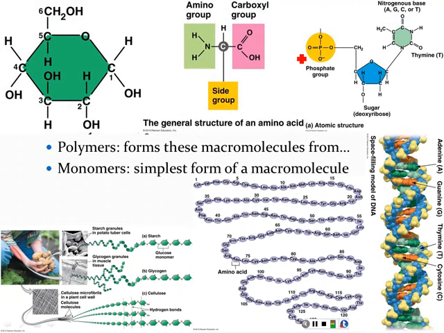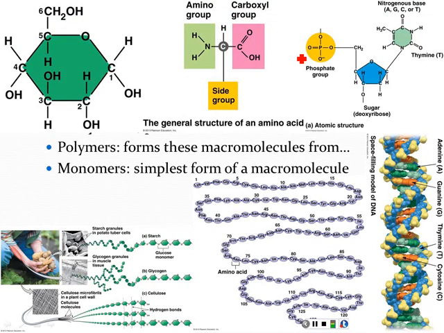So if we're talking about carbohydrates, what is this? Can you guys remember from last unit? I kind of showed this. Yeah, it was glucose, right? So it was glucose, very good.